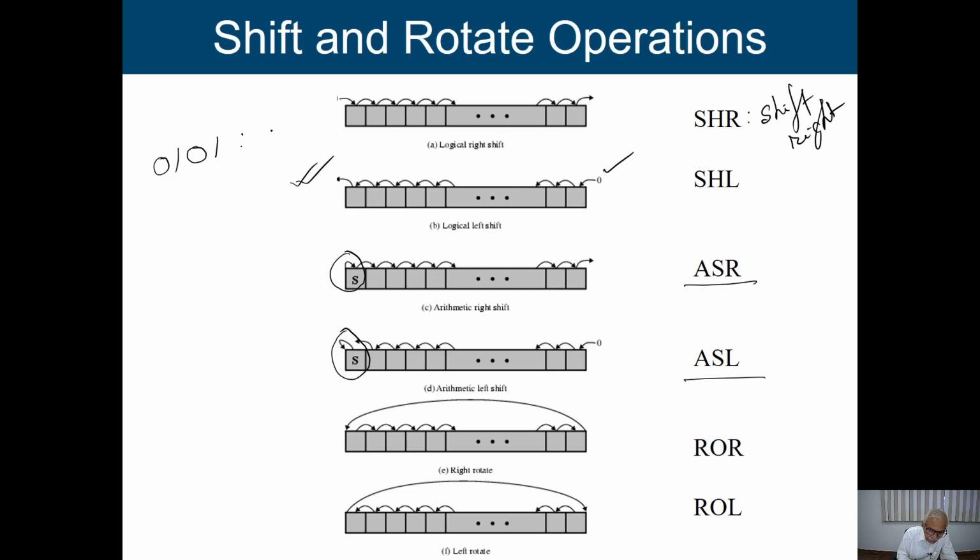So what is this value? 0, 1, 0, 1 in binary, it is 5. If I perform the shift left operation, then I get, what is this?